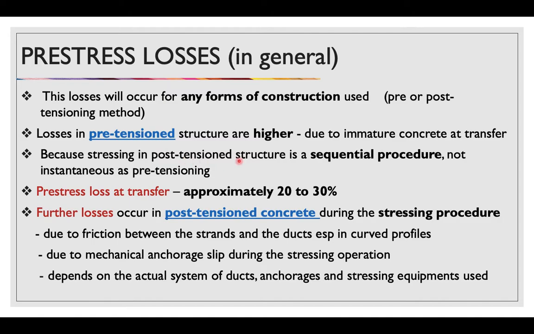But in post-tension structures, since the concrete has hardened first, only then do we apply the stresses. Therefore, the losses will be much lower. Prestress loss at transfer is usually approximately 20 to 30%.